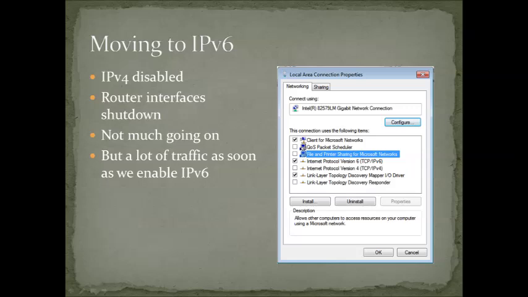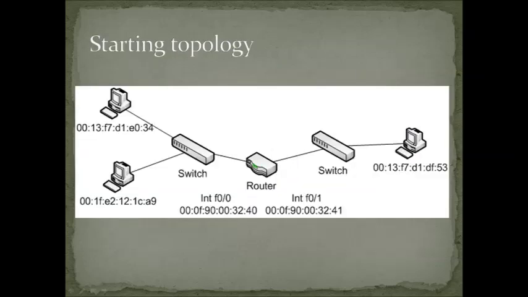First up, we're going to just turn on IPv6 on the host interfaces and leave IPv4 off. Now, the minute you activate IPv6, there's a whole lot of traffic that happens. It's usually masked for you, because IPv6 is on by default, so you don't really notice it in all your other traffic.